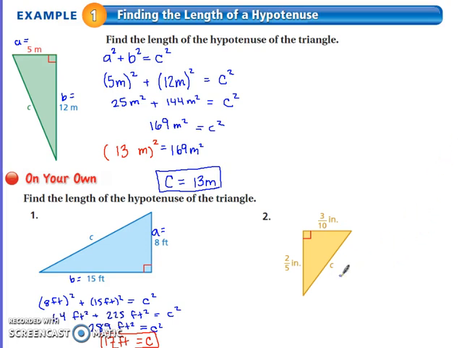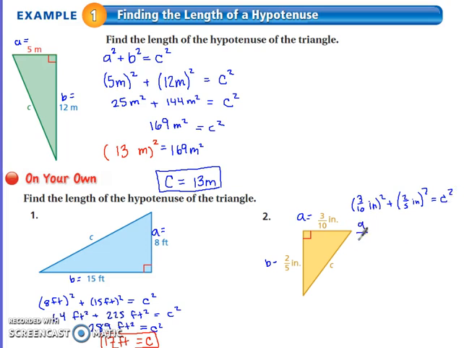In example 2, I'll let a be 3/10 and b be 2/5. So I've got 3/10 inches squared plus 2/5 inches squared is equal to my hypotenuse squared.